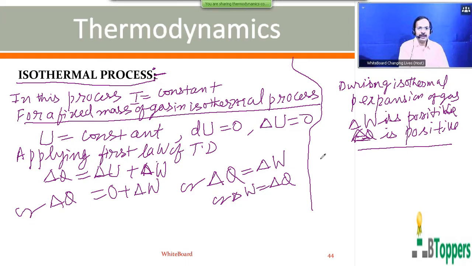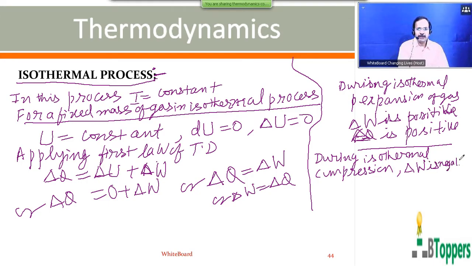So during the isothermal compression, delta W is for the compression of gas.